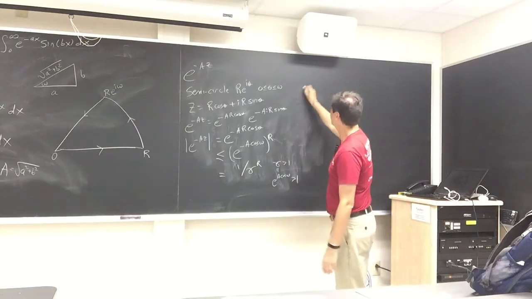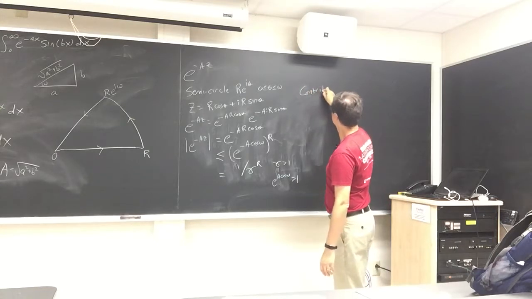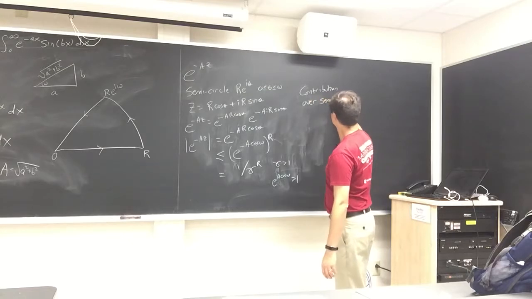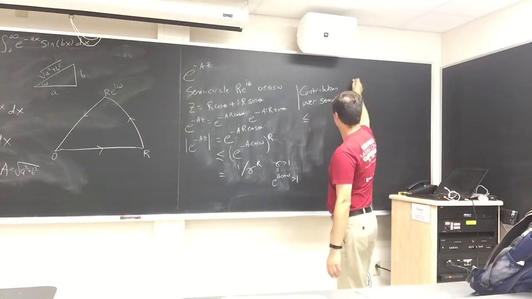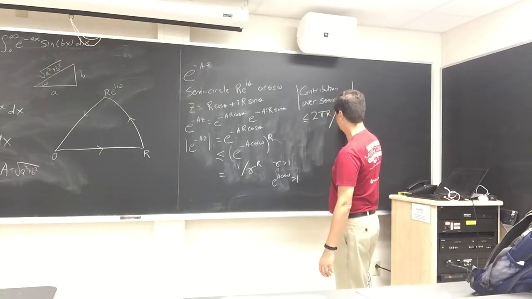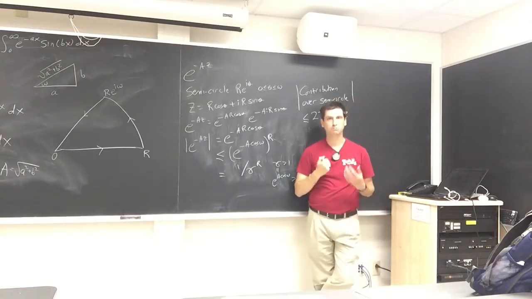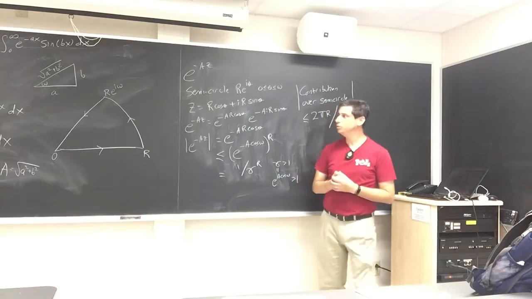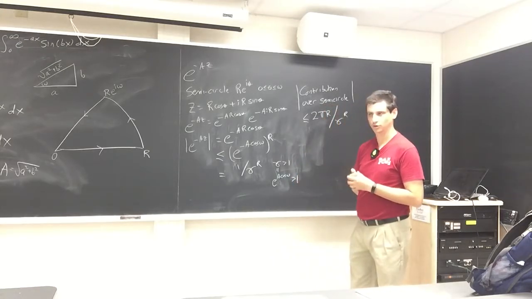And so we know the contribution over the semicircle is less than or equal to, under the absolute value, 2 pi r divided by gamma to the r. And that goes to 0 really fast. So we know that there will be no contribution over that arc.